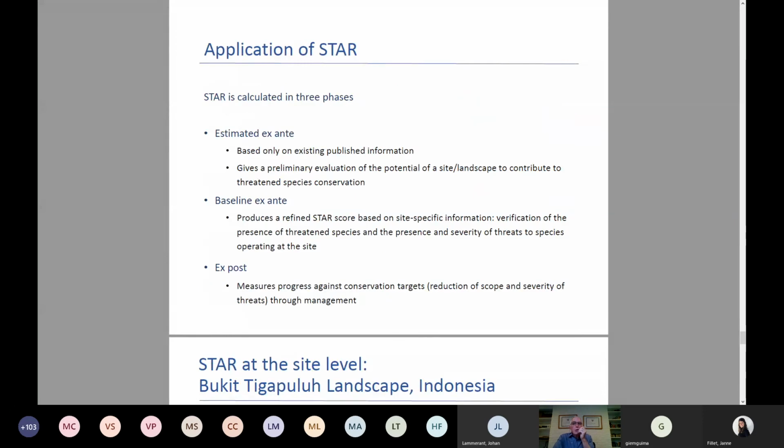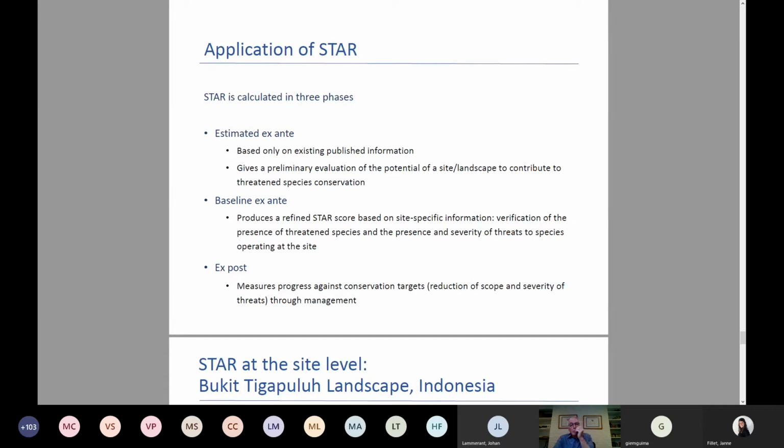Next slide. The way we apply this at the site level is in a 3-step process. I hope this will come up. Yes. So you do an estimated ex-ante analysis, which is based on existing published information that's in the Red List. And this gives you a preliminary evaluation of a site, the potential of a site to contribute to threatened species conservation.